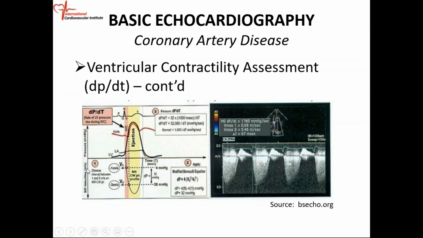So where you have 1 meter per second, you come across and see where it intersects your MR envelope, and then you draw a vertical line up to the time axis. At 3 meters per second, you do the same thing: you come across to where it intersects your MR envelope, then you go vertical to the time axis.